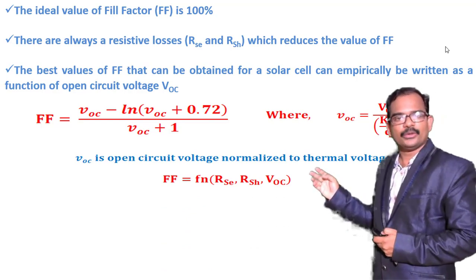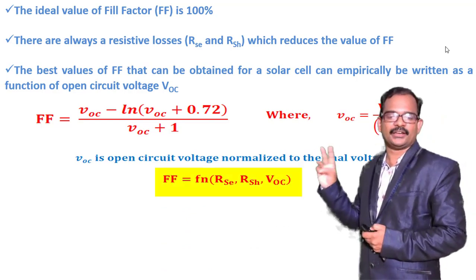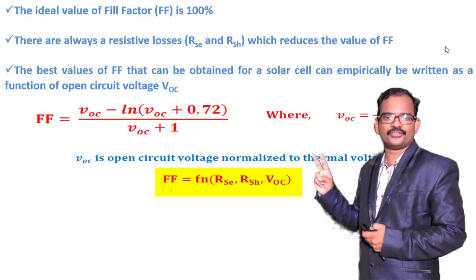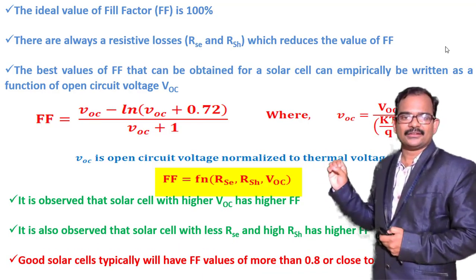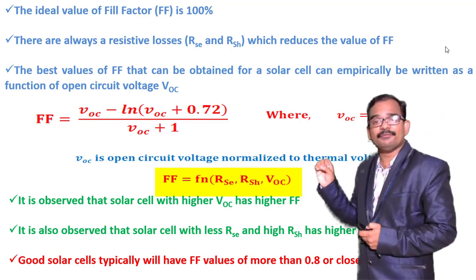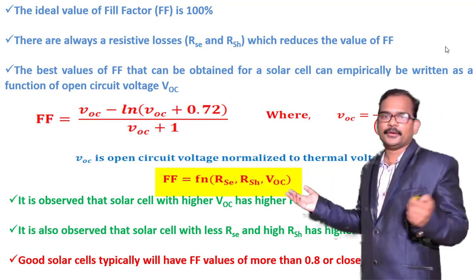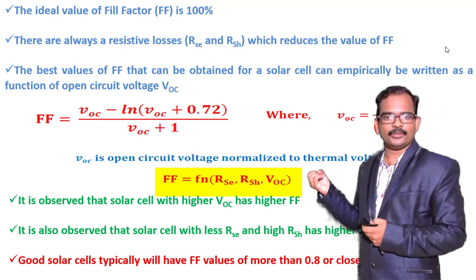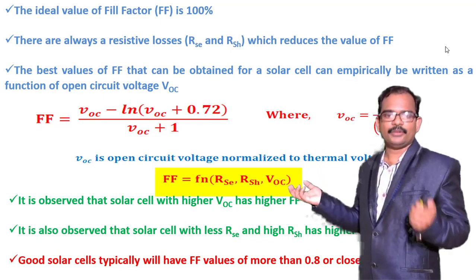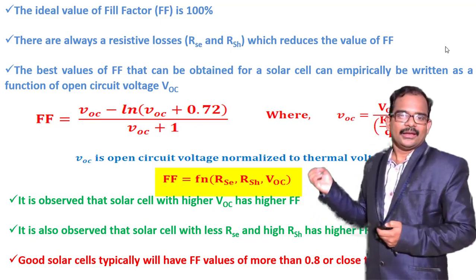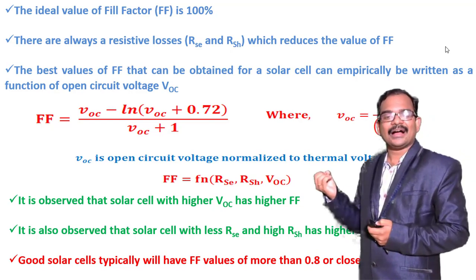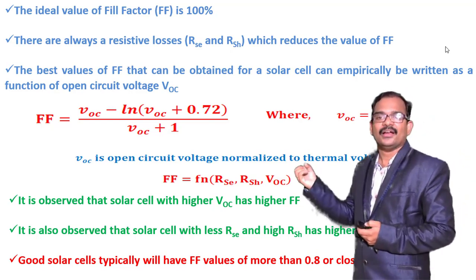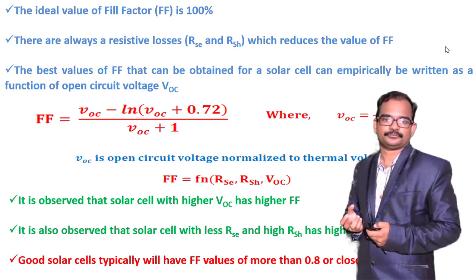The fill factor now is a function of three parameters: one is the series resistance, shunt resistance and VOC. It is observed that solar cells with higher VOC have higher fill factor. Higher VOC means higher fill factor. It is observed that solar cells with less RSC and high RSH have higher fill factor.